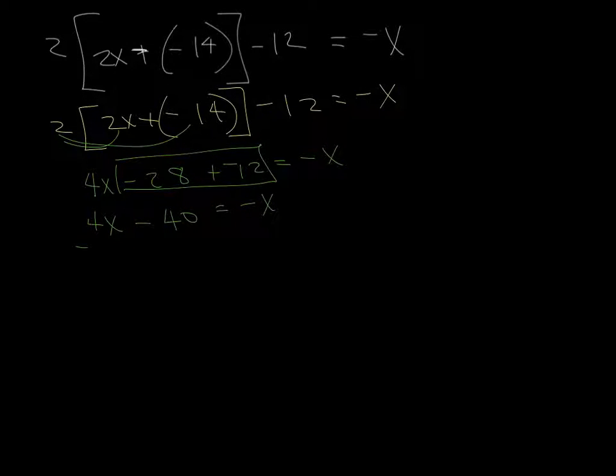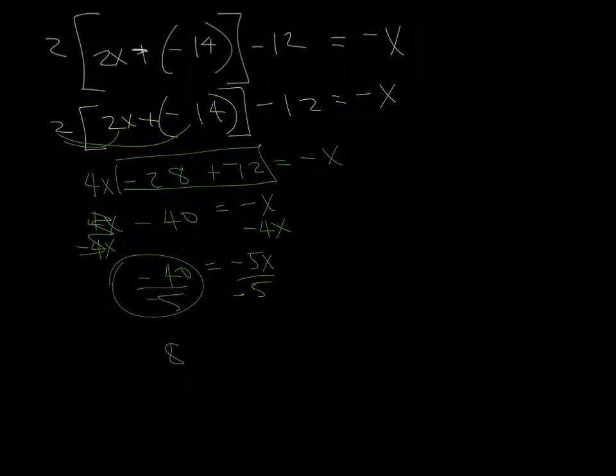Okay, we're going to subtract 4x from both sides to get rid of that, so we just have the negative 40 there. Divide by negative 5. Divide by negative 5. 40 over 5 is 8. Two negatives give you a positive, and that gives me my x value of 8. And I go ahead and plug that in, and I'll get the right answer.